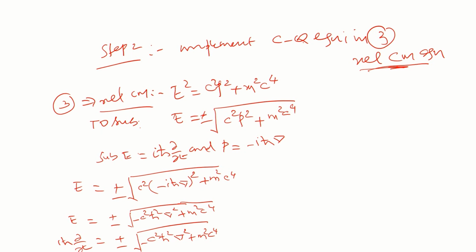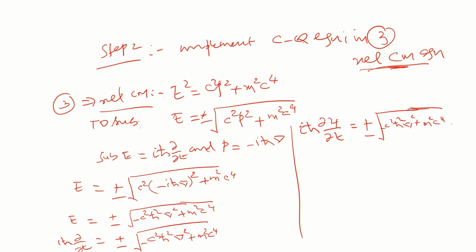For any quantum mechanical equation, there should be a wave function psi. So, multiply both sides by the wave function psi. We have iħ ∂psi/∂t equal to plus or minus root of the same thing as in the previous equation, minus C square ħ square del square plus M square C power 4, into psi. So, this is the equation.